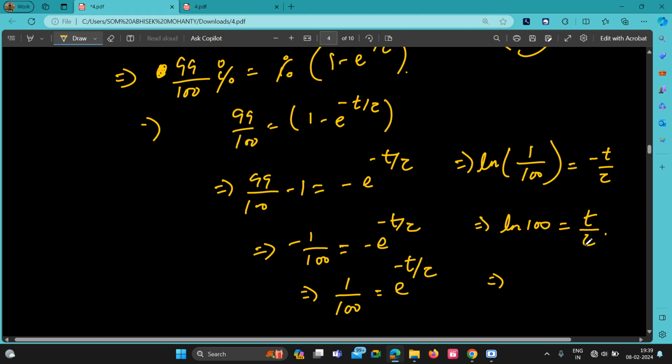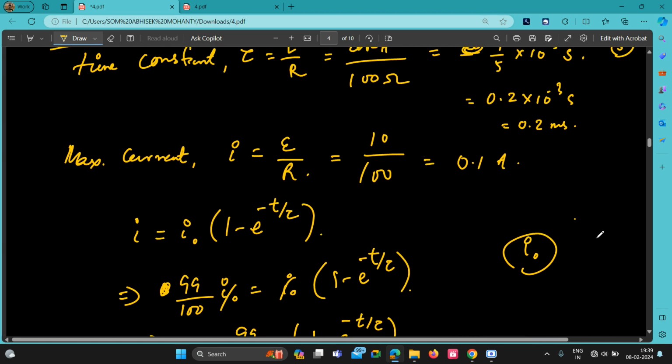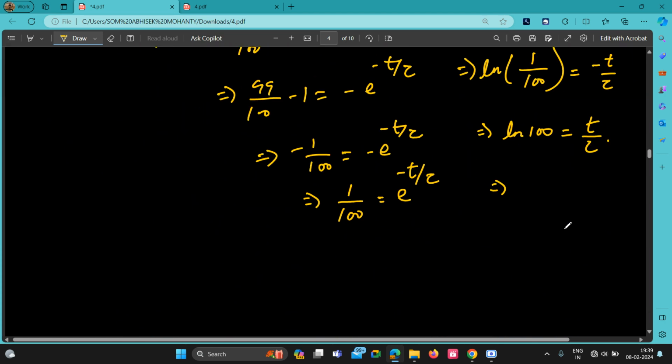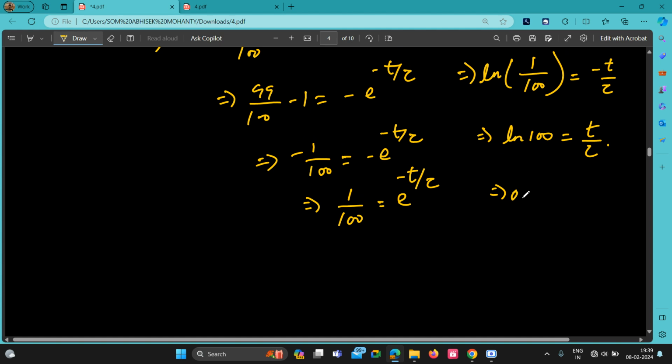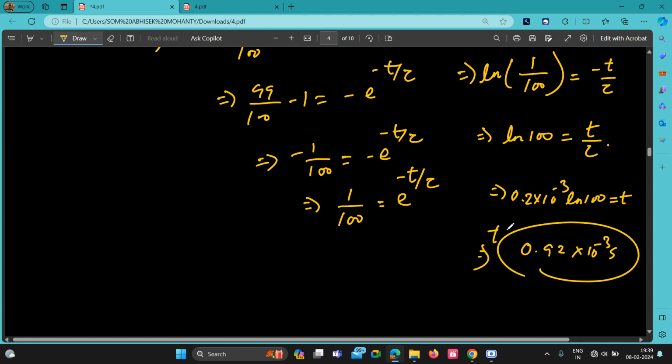Tau we got as 0.2 milliseconds, so we can put it here. 0.2 into 10 to the minus 3 into ln 100 is equal to t. If you use a calculator, this will give me 0.92 milliseconds. ln 100 will be given, don't worry. It will be given in the question.